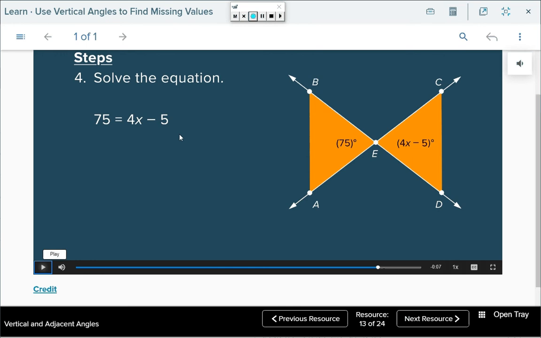So how would I get rid of that minus 5? You would add 5 on each side, which would leave me with 80 equals 4x. And then what would you do when you have 80 equals 4x? Divide each side by 4. And what would x equal? 20. The value of x is 20. See, they just solve it, but you know how to solve it, right?